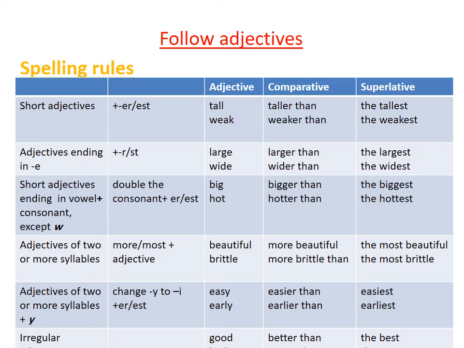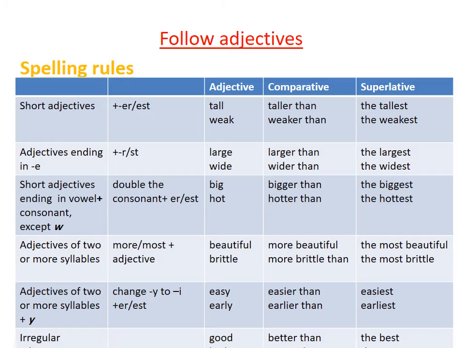Number three, short adjectives ending in vowel plus consonant, except Y or W. إذا كانت الصفة قصيرة وتنتهي بكونسونانت وقبل الكونسونانت فاول.